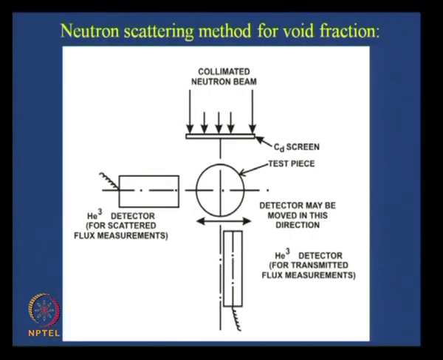So, these were some of the techniques for radiation absorption, which is the most widely used technique for void fraction measurement under the present circumstances. Remember one thing, radiation absorption techniques usually operate on the basis that the amount which is absorbed is a function of the two phase composition.